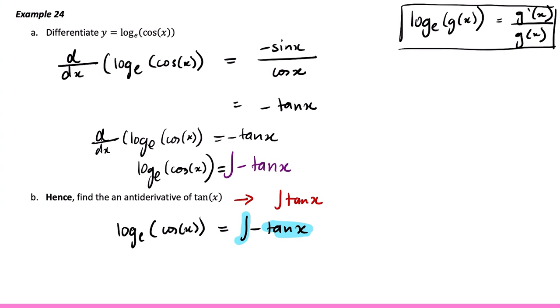Of course, when you have a constant, you can take it out of the integral. So you would just have the negative out the front there. The way I'd get rid of that is just by dividing both sides by negative 1. So that gives me the antiderivative of tan x is equal to negative log e cos x.